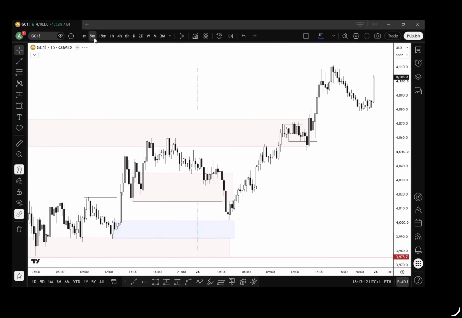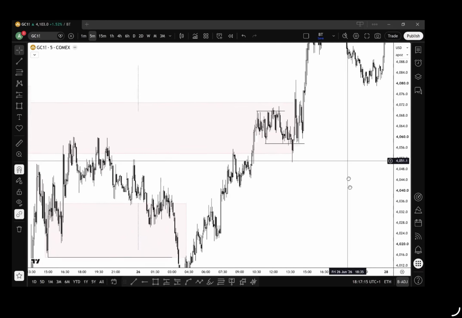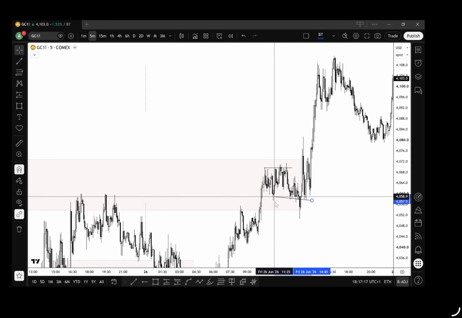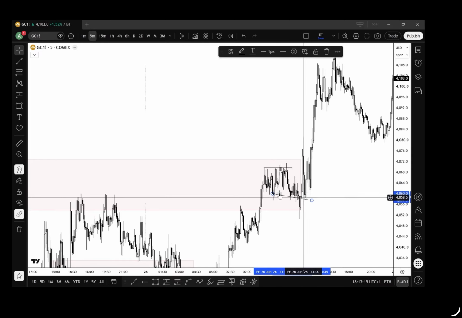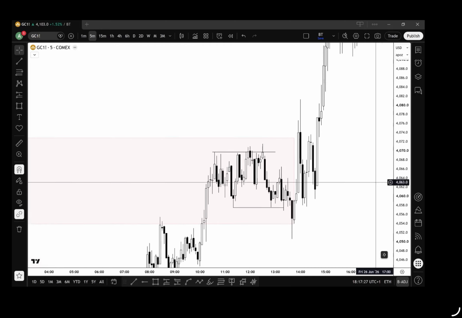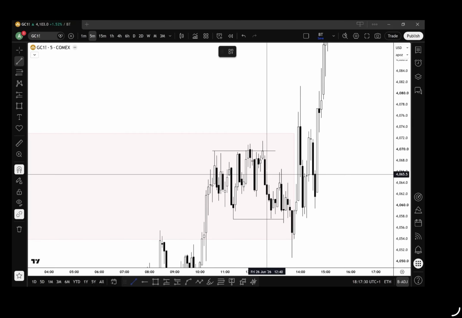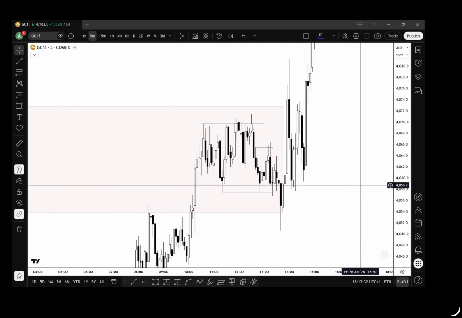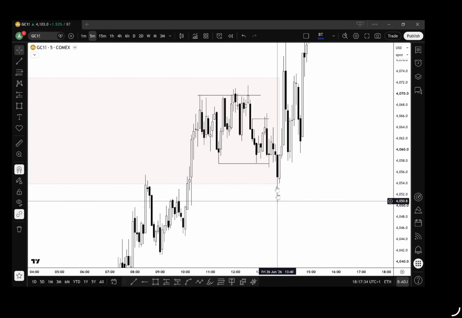So if I go to the 5 minute, this might be easier to see. So we take this low. Now why I really like this is, look what we did before we took the low. We induced higher, and then we took the low.